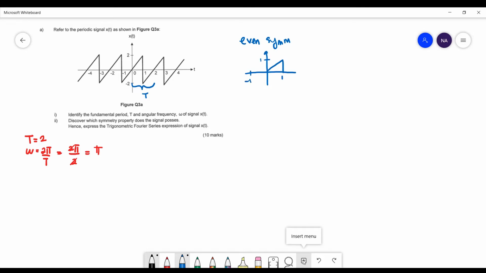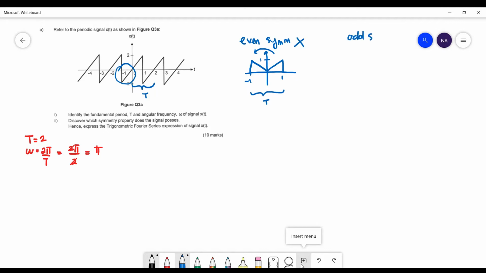So you need to produce another one cycle to get one period, and then for even symmetry you need to flip at the y-axis, so it will become like this. So you will produce this pattern, which is not the same as the original signal, so the signal is not even symmetry.